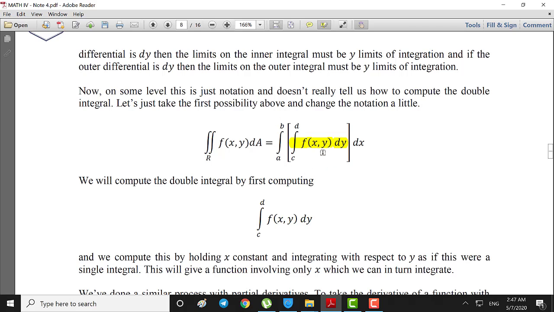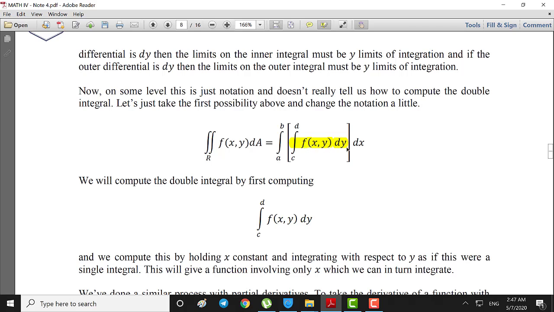But the point is that the value of this inner integral is going to be a function of x when you write it in the form of integration from c to d of f of x and y dy.